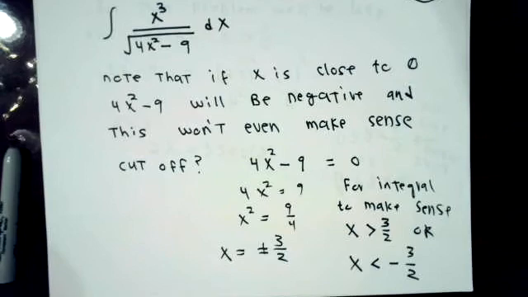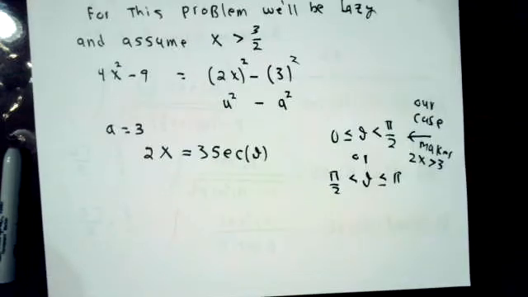Between negative 3/2 and positive 3/2, though, that doesn't even make any sense to take square root of 4x squared minus 9 for such a number. So this is going to be that case where it splits up into two chunks. So for this problem to even make sense, I have to be a bit off to the left or a bit off to the right of x equals 0.